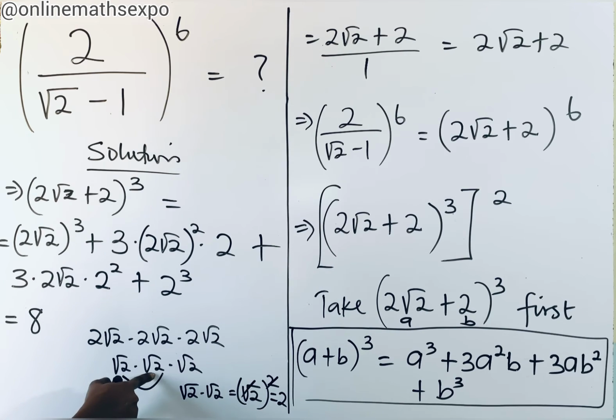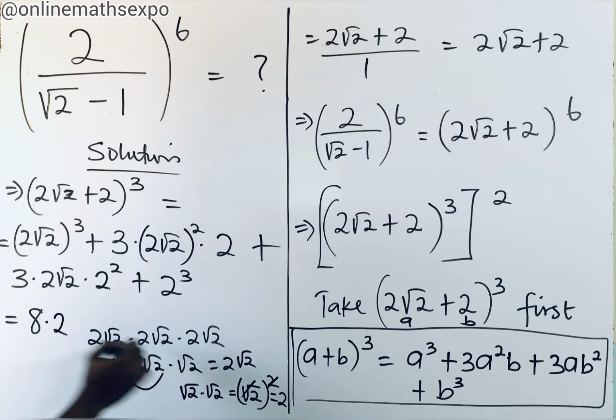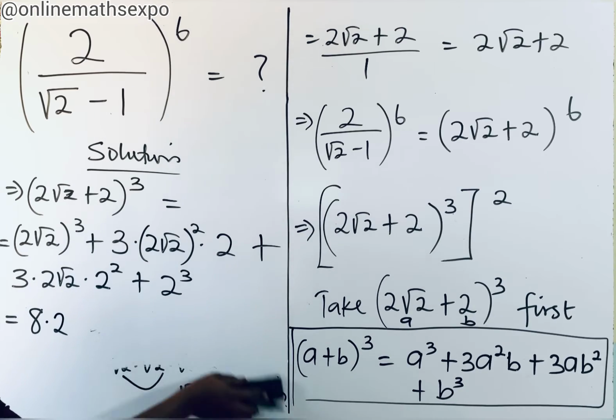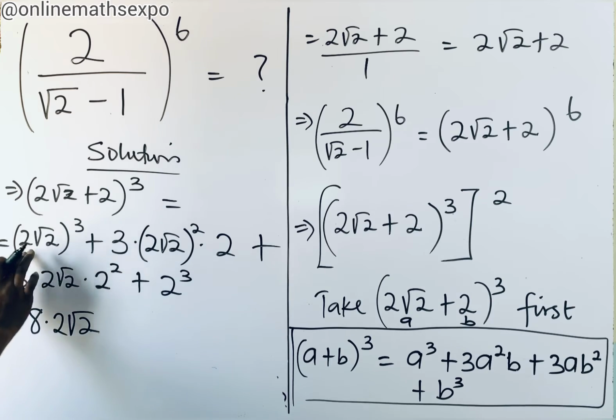So when you multiply this, it gives you 2, then 2 root 2. Did you see? So for multiplying this, you are going to have 8 times 2 root 2.